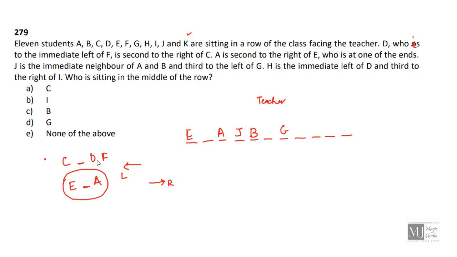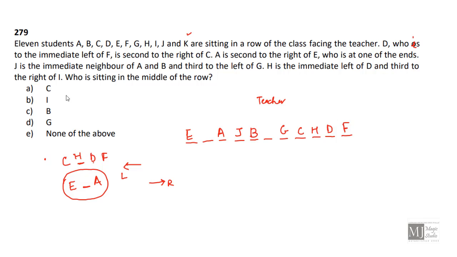H is the immediate left of D. D here we have, and this is immediate left of D. So this should be H. So we are left with C H D F. So we have C H D F, something like this would be there.